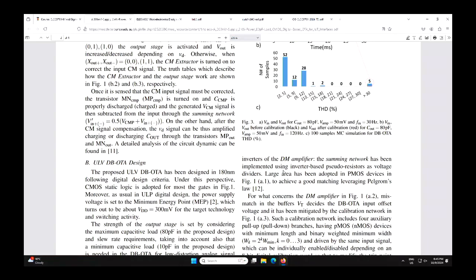I think it depends on the process you are using, but actually the mu-Cox of PMOS is usually smaller than NMOS, and to match the two, PMOS and NMOS, you need a wider PMOS. The reason for this is that the carrier in PMOS devices is the holes.